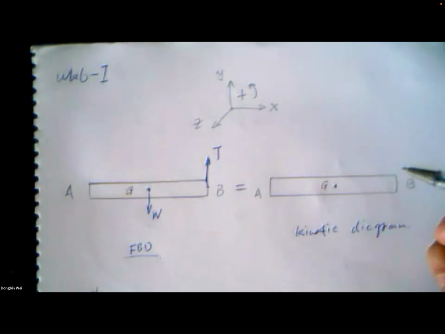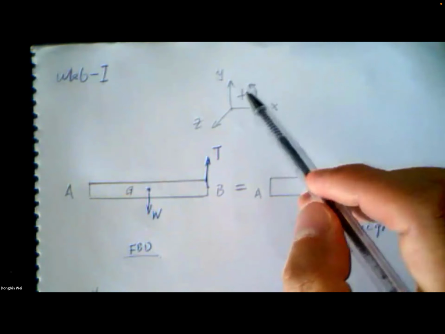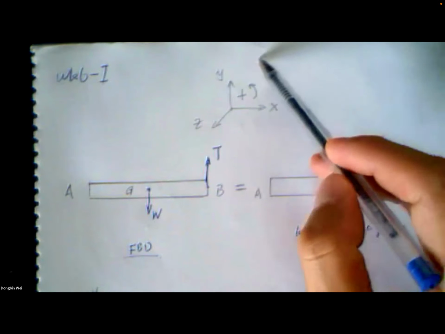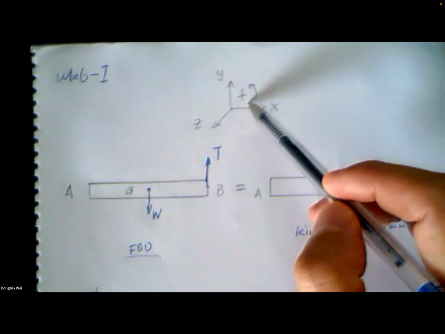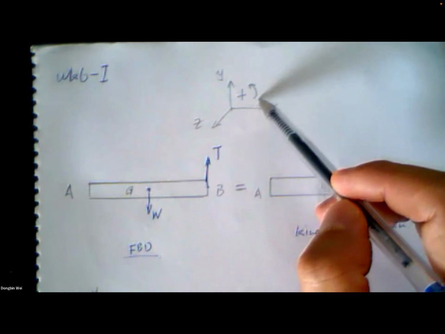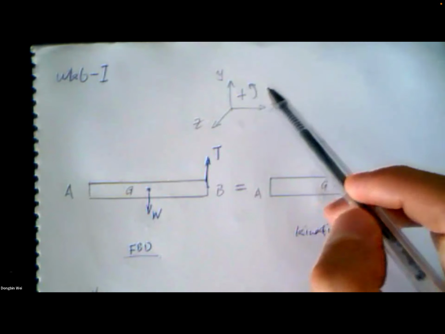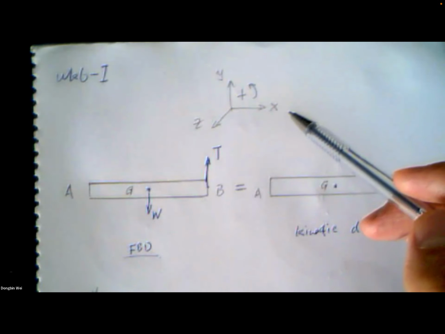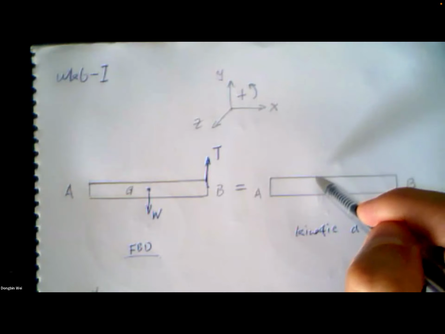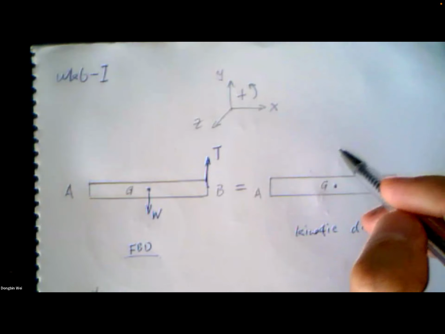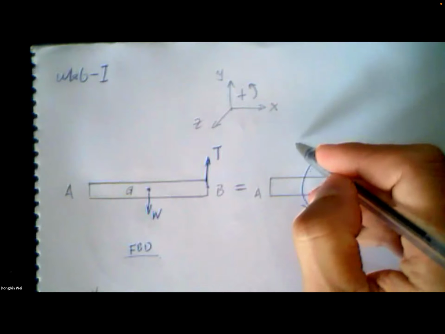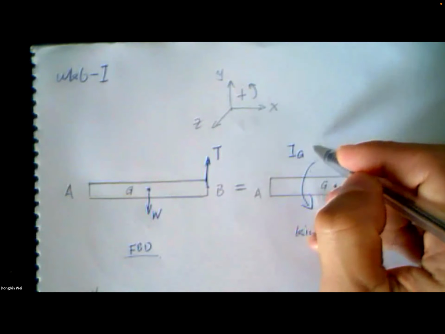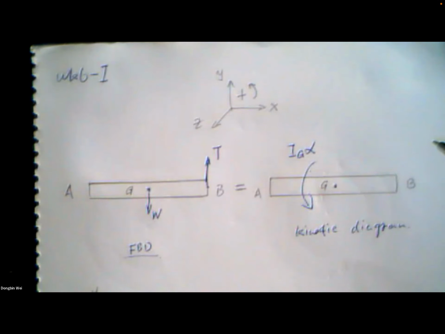Kinetic diagram. In this kinetic diagram, you can see I have already defined an X, Y coordinate system, and I assume counterclockwise is my positive rotation direction. So in this kinetic diagram, I assume alpha is positive counterclockwise.